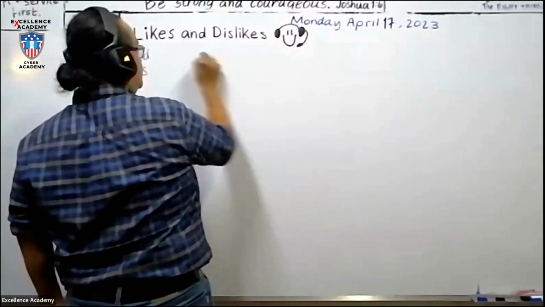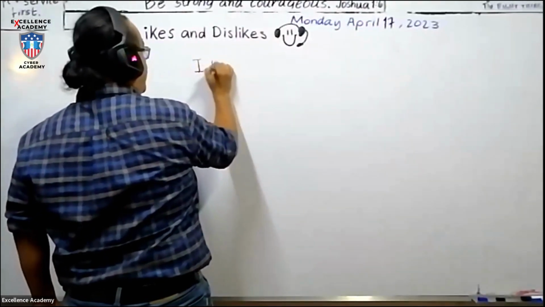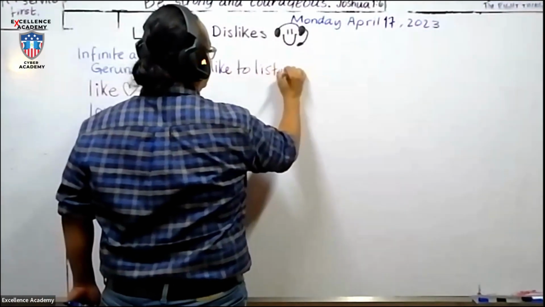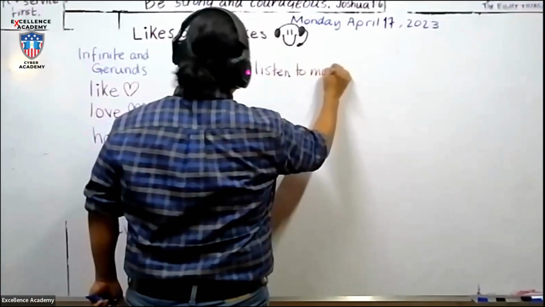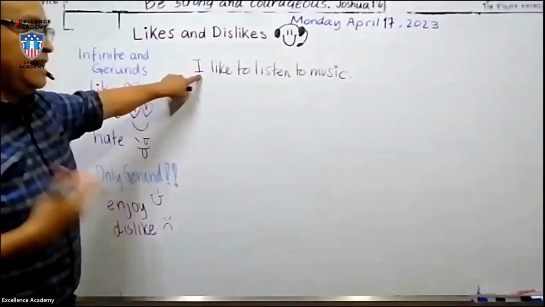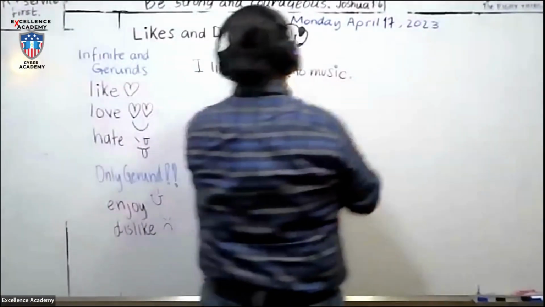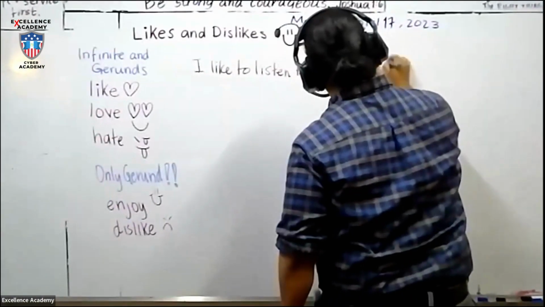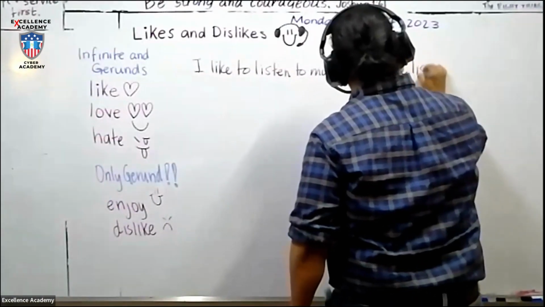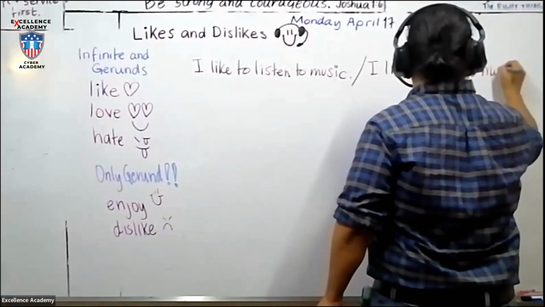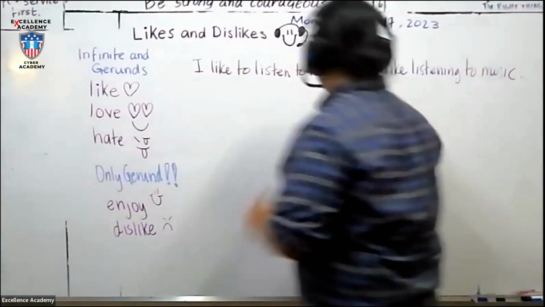So for instance, you're going to say, I like to listen to music. This is the most common one, right? So here I can say I like to listen to music, which is an infinitive, or I can say I like listening to music, which is a gerund.